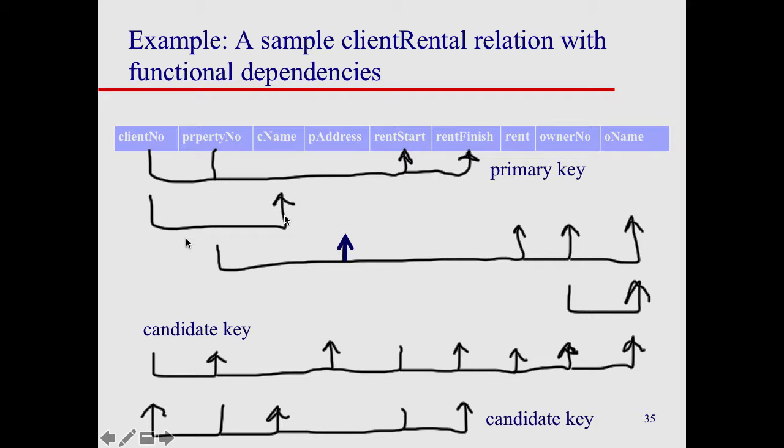But if I was doing general form normalization, I would still have included the second dependency here as a partial dependency because it is part of a candidate key, namely client number and property number. So that's the difference between primary key normalization and general normalization.